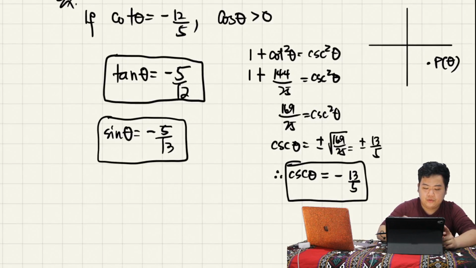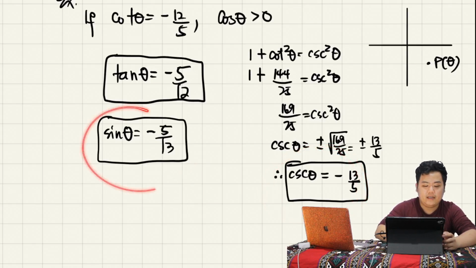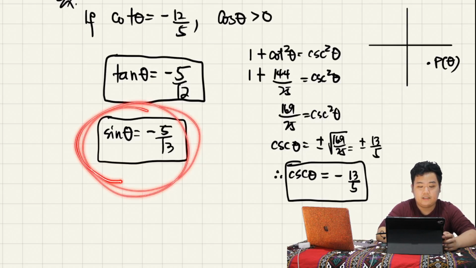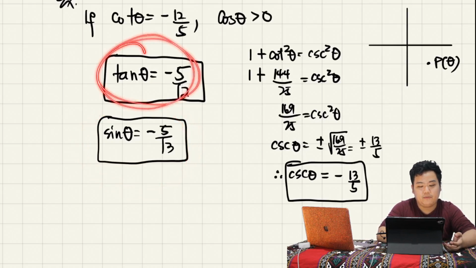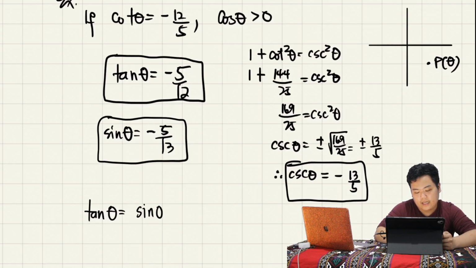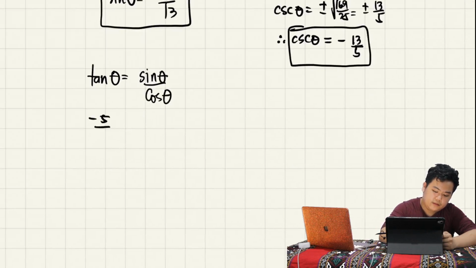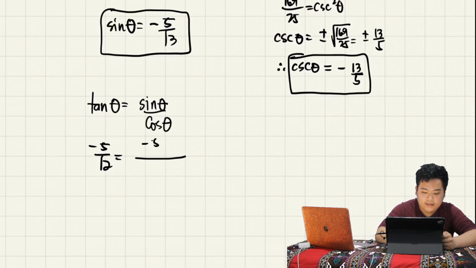Pwede nating hugutin yun using the Pythagorean identities, pero mas madaling gamitin yung reciprocal identities. Okay, so tangent is sine theta over cosine theta. Our tangent is negative 5 over 12. Sine is negative 5 over 13.